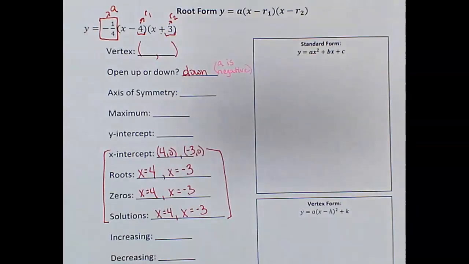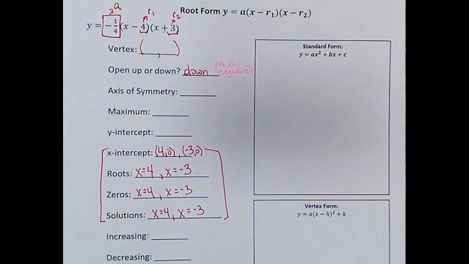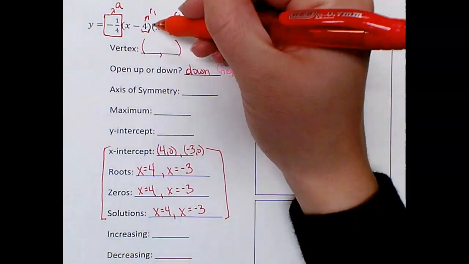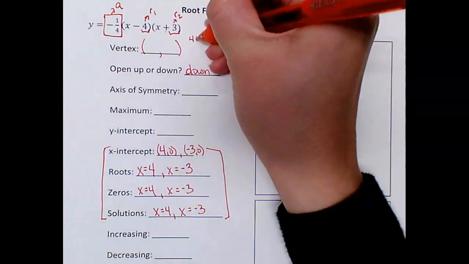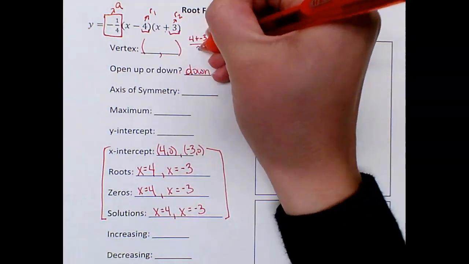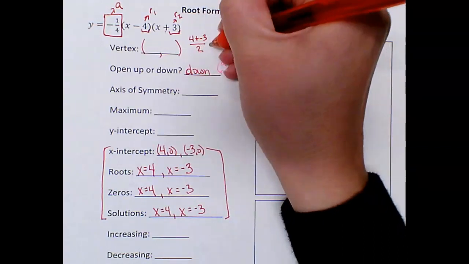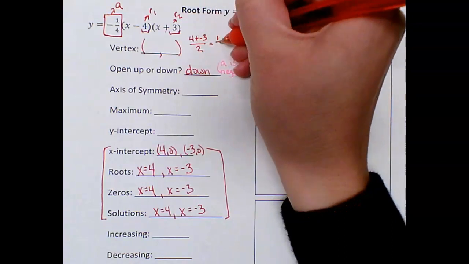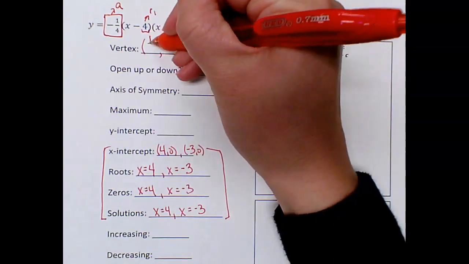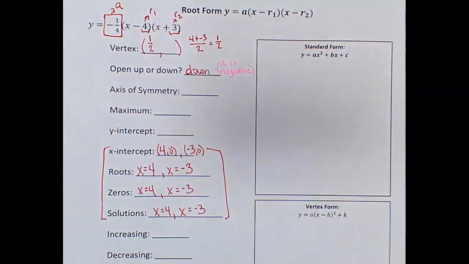My 2 roots from root form are 4 and -3. So if I have 4 plus -3 and I divide by 2, well, 4 plus -3 is like 4 minus 3, that's 1, over 2, that's 1/2. Very nice.